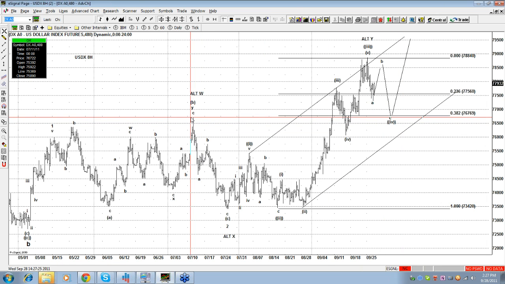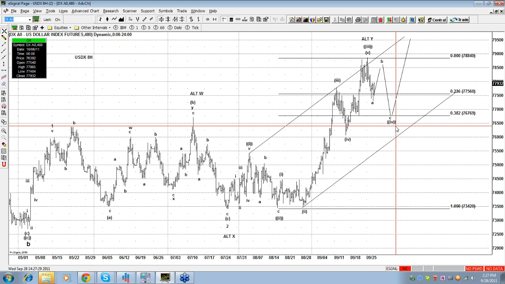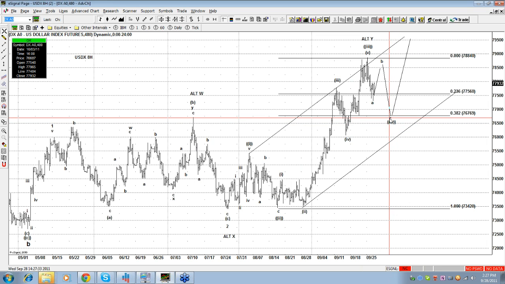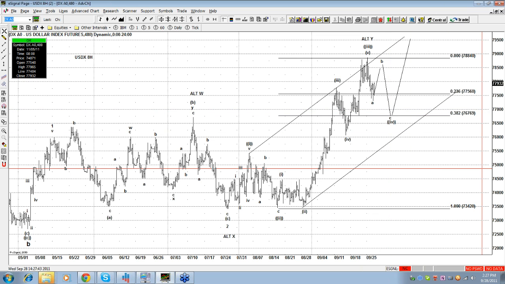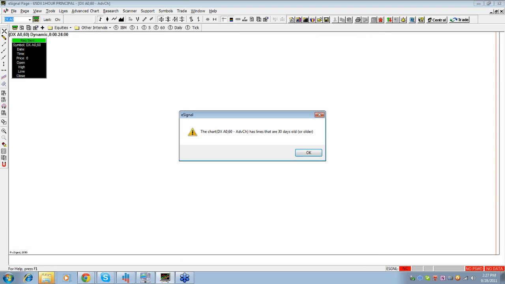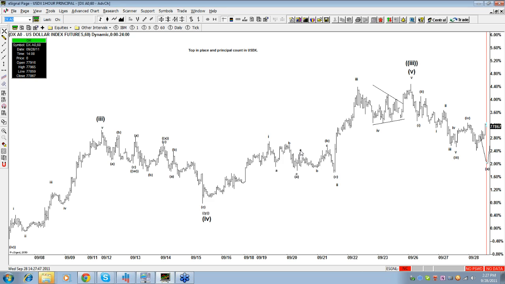So the 76 area is a pretty good support. I would think that should be around 138 and a half in the euro, if I'm not mistaken.